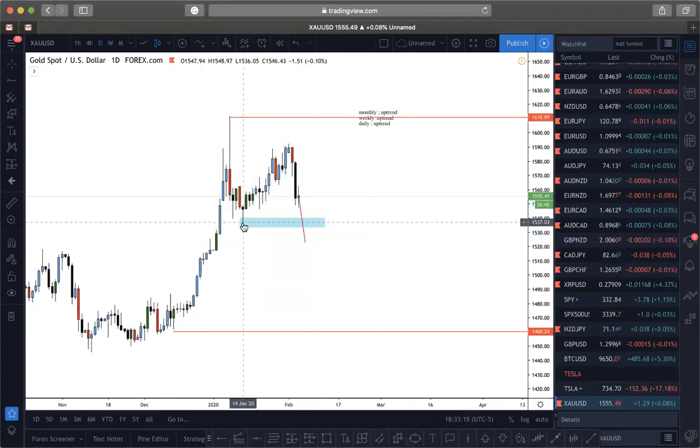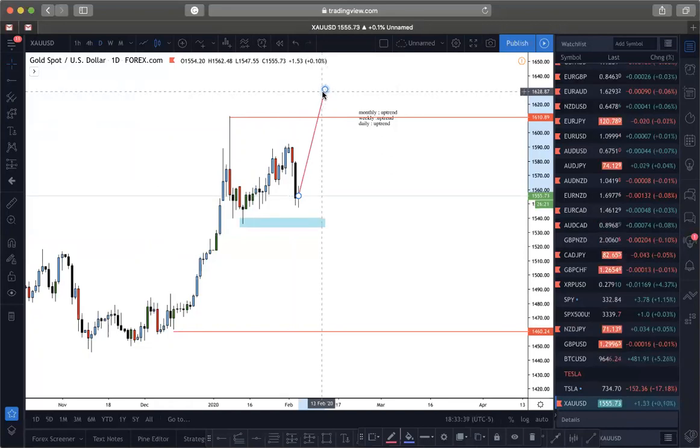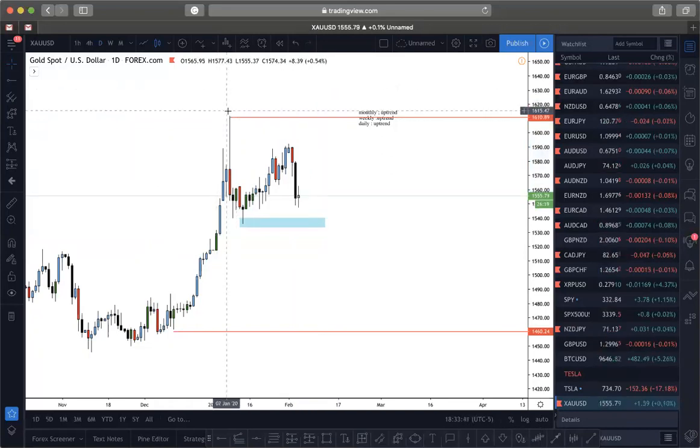So that way it made a low here, a high here, and then a lower low. So now you would have a downtrend on the daily, right? Which would just be like a pullback on the weekly. Or we wait for the daily to make a higher high, right? But as it stands now, the daily is in an uptrend.